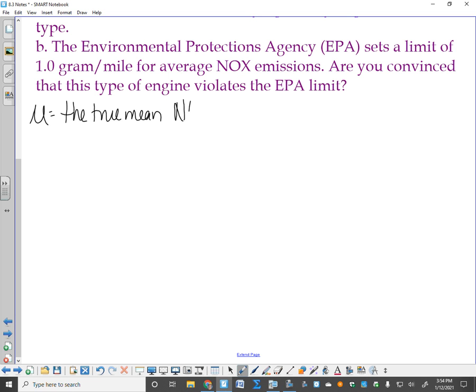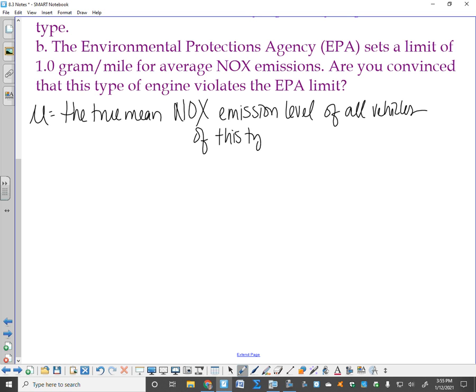True mean NOx emission level of all vehicles of this type. Because aren't they a specific type? Light duty engines, yes. And I don't think it should be vehicles. I think it should be engines.